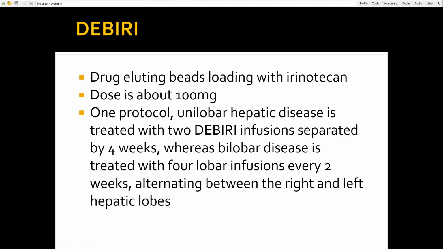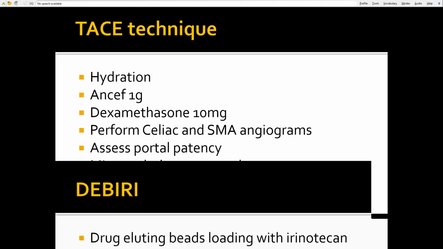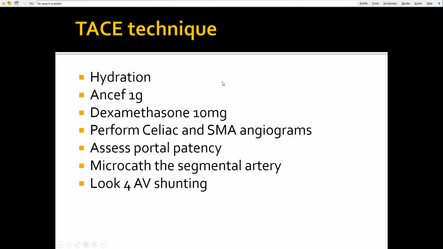Sometimes you treat one side, then two weeks later the other side, then two weeks later you go back to the first side. So you can alternate back and forth, and many times these patients will have to come back to be retreated, because you're not always effectively killing the tumor, you're just putting it at bay, and many of these tumors still have angiogenic properties which create new vessels that you have to deal with in the future.